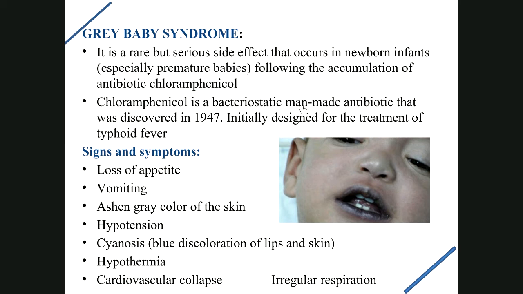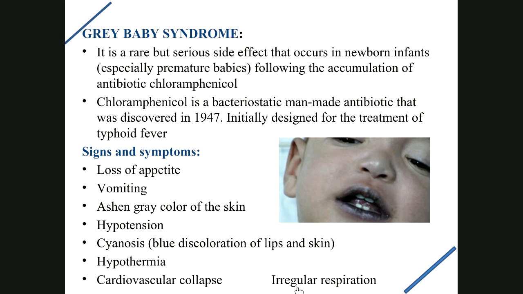It was initially developed and designed for the treatment of typhoid, but suddenly it came to be known that it causes loss of appetite, vomiting, gray color of the skin, hypotension, blue discoloration of the lips, hypothermia, that is decrease in the body temperature, cardiovascular collapse, and irregular respiration when it is given to the newborn baby, or if it is given to the mother, it might go to the baby via milk.